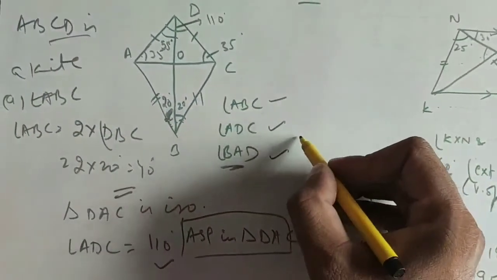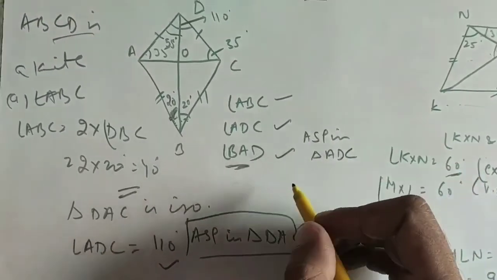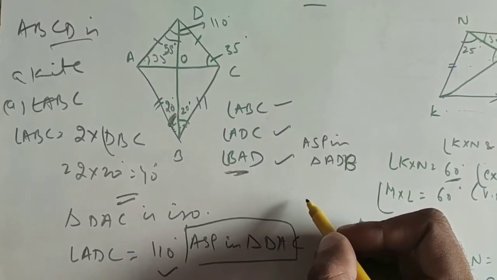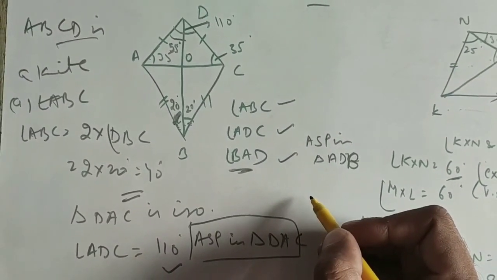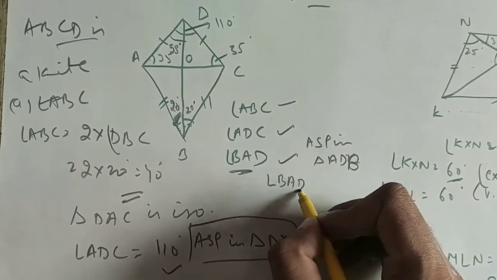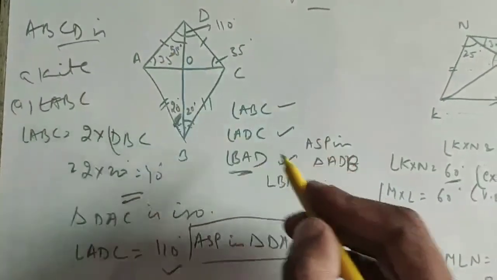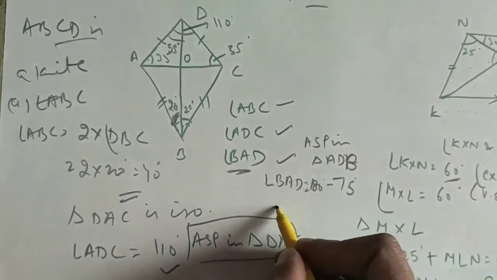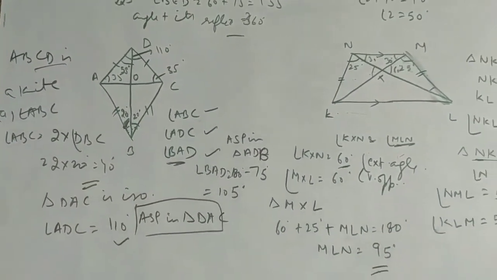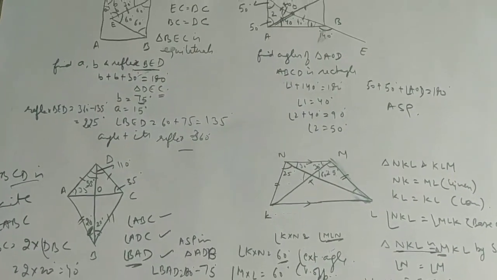So we can apply angle sum property in triangle ADB, and we will have angle BAD equal to 180 minus 55 plus 20, that is 75, and it will be 105. Okay. So these were the examples based on the various properties of rectilinear figures.